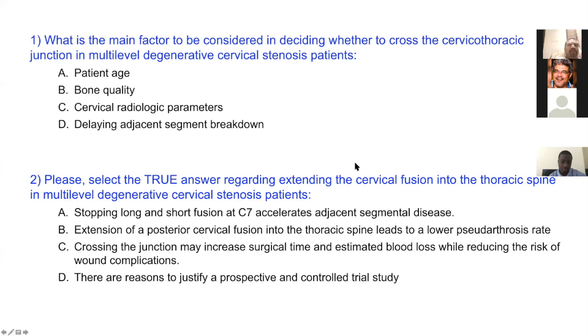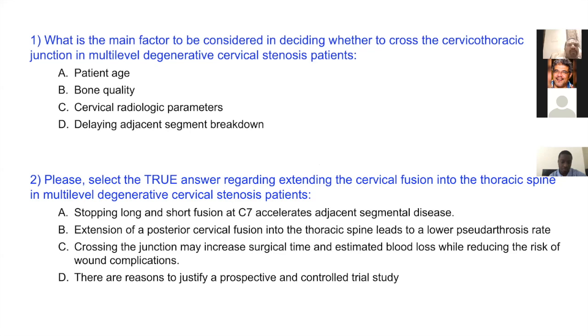Thank you so much. So the questions are: what is the main factor to be considered in deciding whether to cross the cervical thoracic junction in multi-level degenerative cervical stenosis? Patient age, bone quality, or cervical radiology. Select the true answer regarding extension to the thoracic spine in multi-level degenerative cervical stenosis patients.